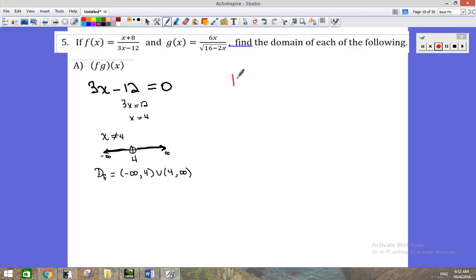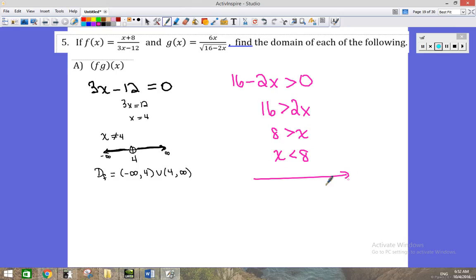So this 16 minus 2x has to be 0 or positive to be underneath a radical, but it can't be 0 because it's in the denominator. So this has to be strictly greater than 0. If we solve this for x, 8 is greater than x, which is the same thing as saying that x is less than 8.